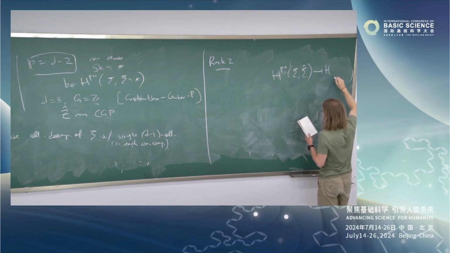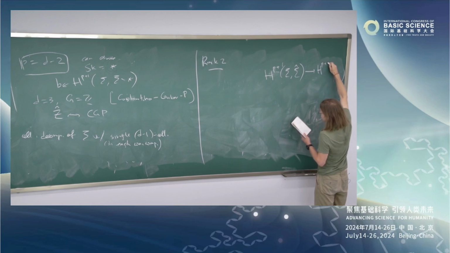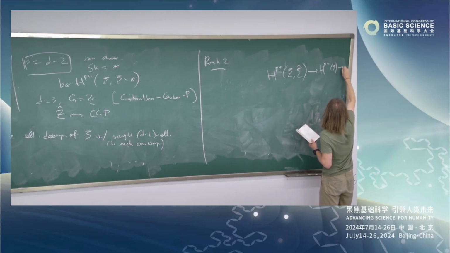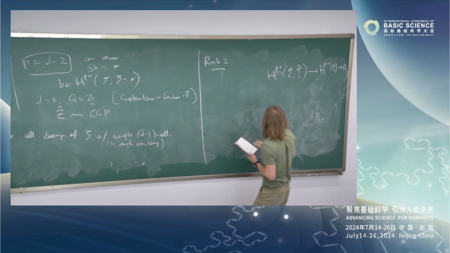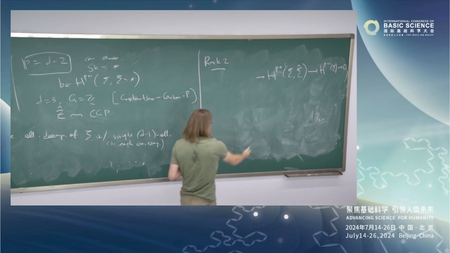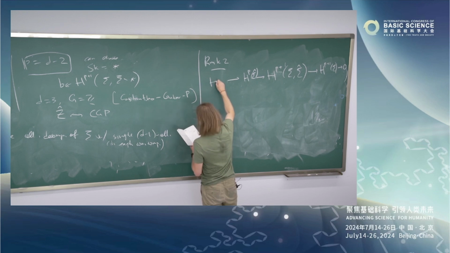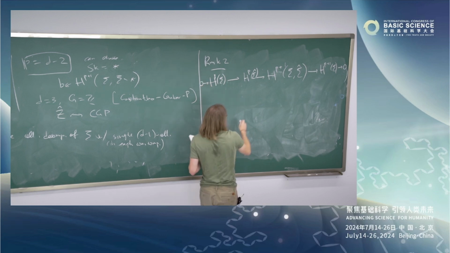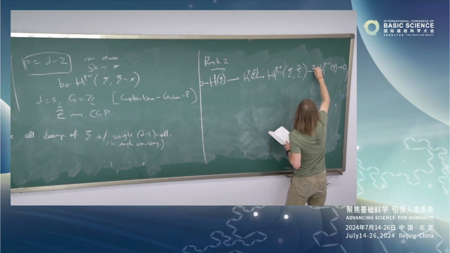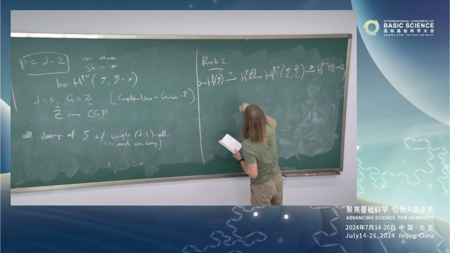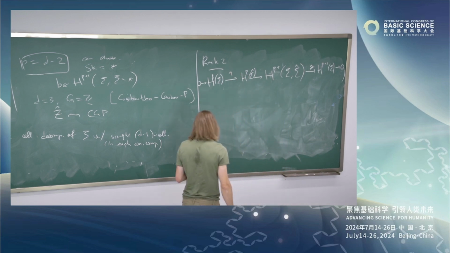So we can go to H plus. Then the next group is related to 0 by the same type of argument as I showed before. And here we have H_p of sigma, which we call G, and this.